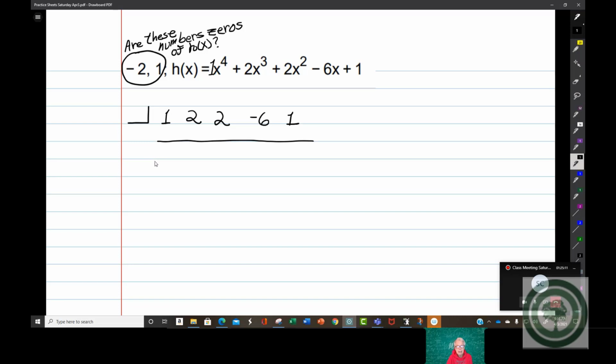Now I am going to take the first number here, -2, and we're going to find out if -2 is a 0. Here's how you tell. I'm going to do this method that I'm going to show you called synthetic division.